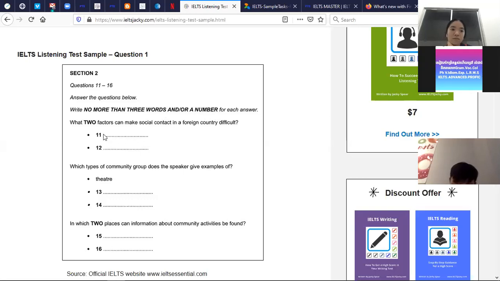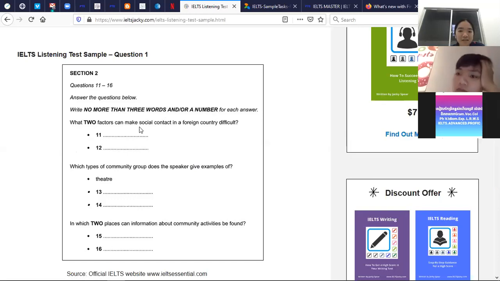Do they mean in each number or in both of them combined together? Each. So like Kiên said, very good. You can write no more than 3 words and or a number for each of them.